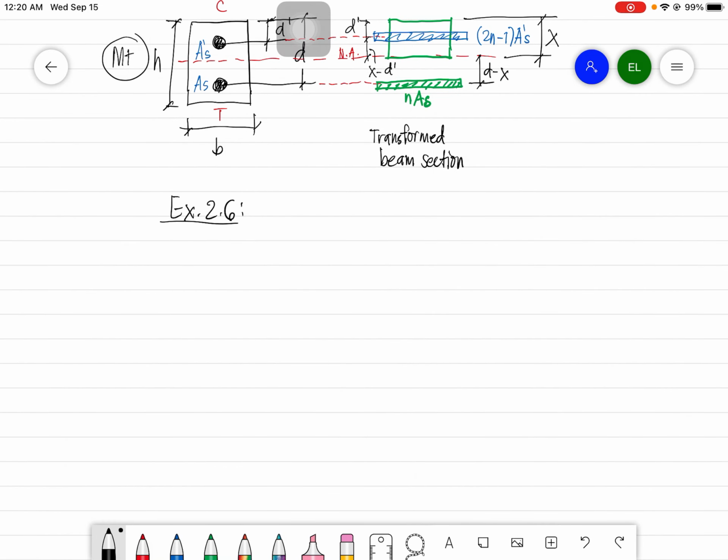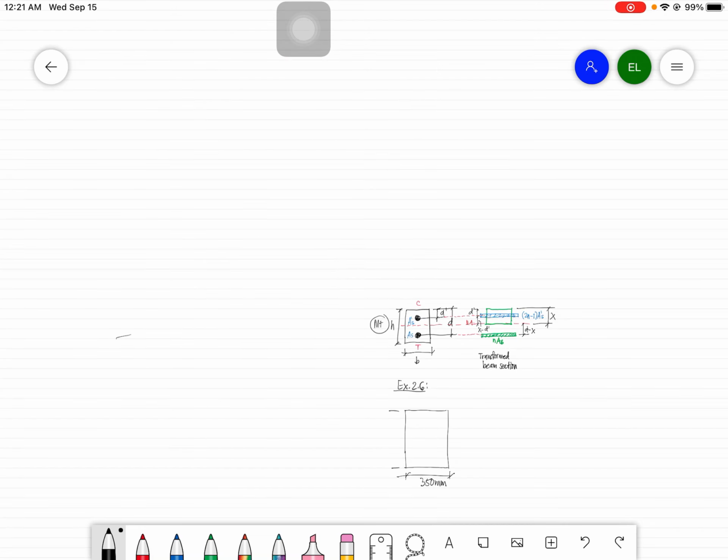So we have b, which is equal to 350 mm. Then we have h, which is 500 mm.